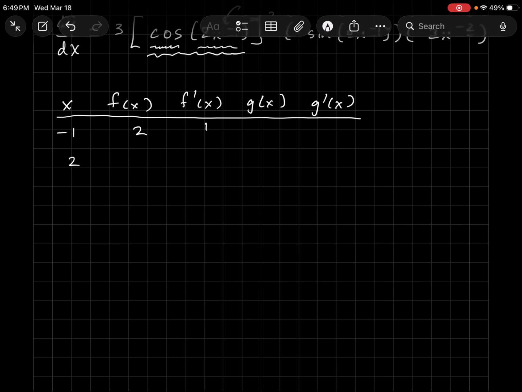And we'll fill in the table here with some other values that we may or may not need. And let's find the derivative of g of f of x. One thing I like to do, I like to switch the order of the letters at x equals negative 1.